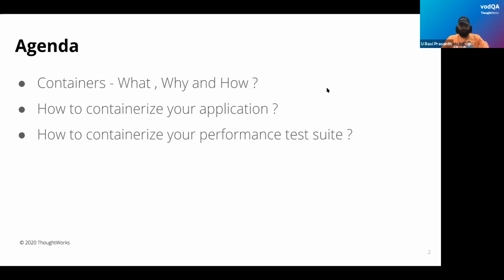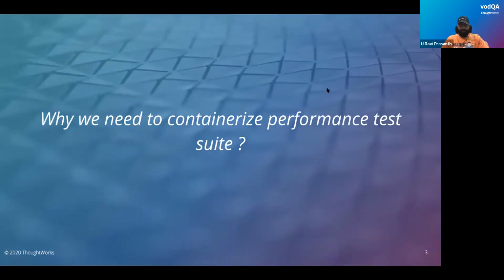Now we'll get into why we need to containerize our performance test suite. I've heard a saying that it is truly write once and run anywhere. That is the main advantage of containerizing your test suite. All that we need is to write your Dockerfile once, and you can run it anywhere. You just need that code there.